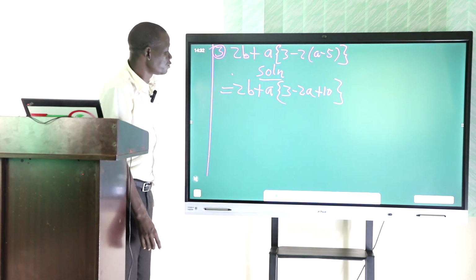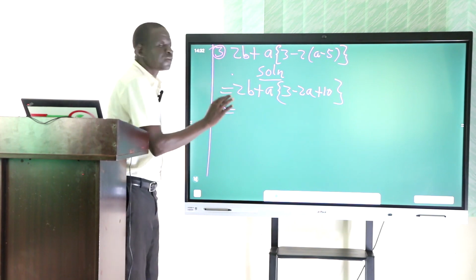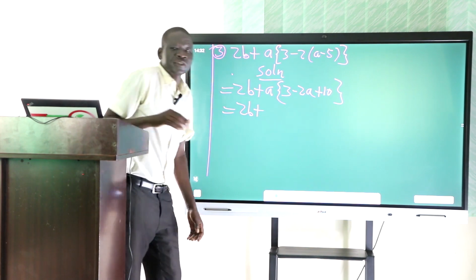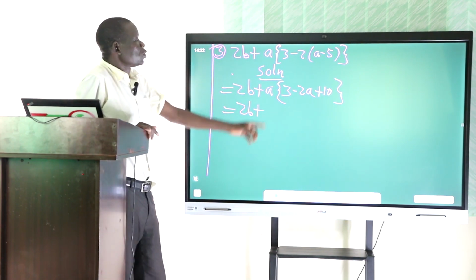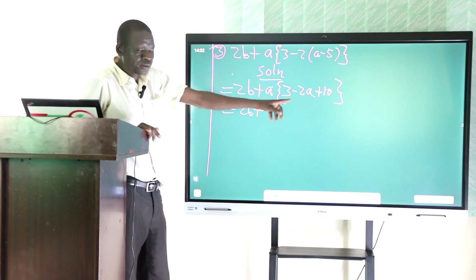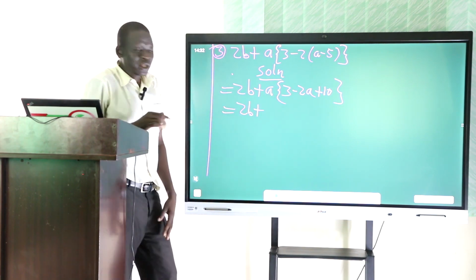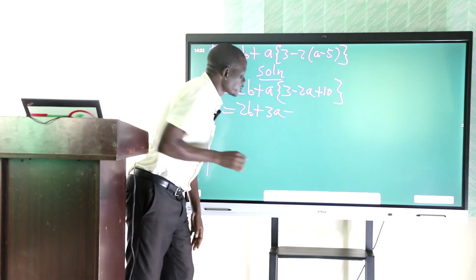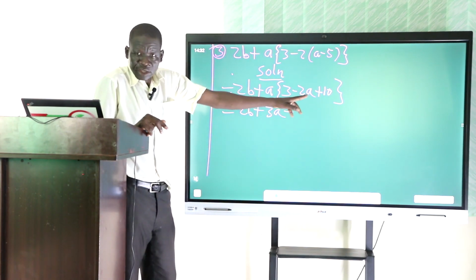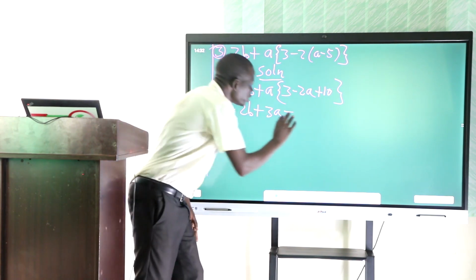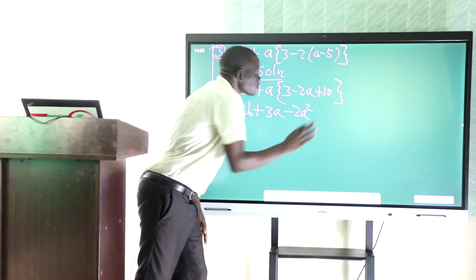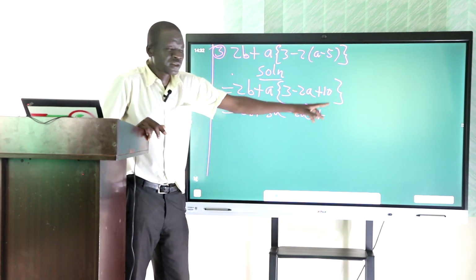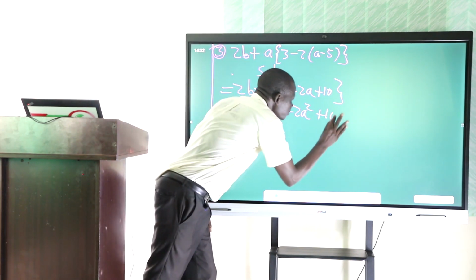We continue to remove. We shall now have 2b plus, we shall multiply a by 3. A times 3, we get 3a minus a times 2a. In this case, we get 2a squared. Then plus a times 10, we get 10a.